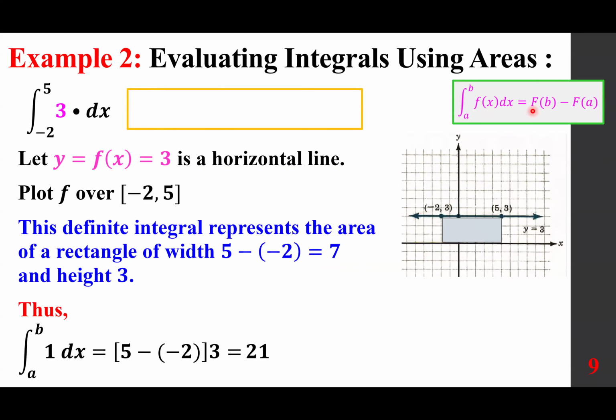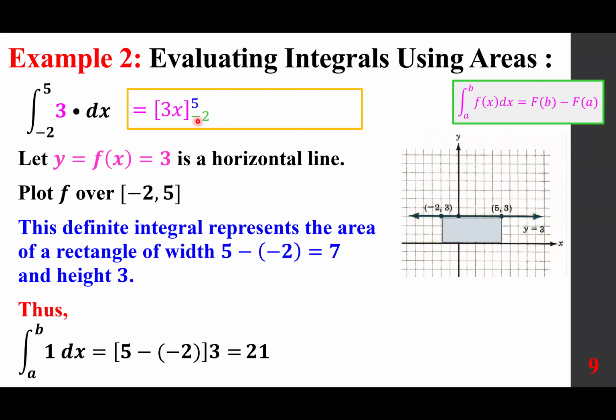FTC says, well, we can use this method. The difference is if this fails, in other words, this is not a geometric shape, we know the area, how it's calculated, we can follow that. So the antiderivative of 3 is 3x. We want to evaluate it from the lower limit -2 to the upper limit 5.